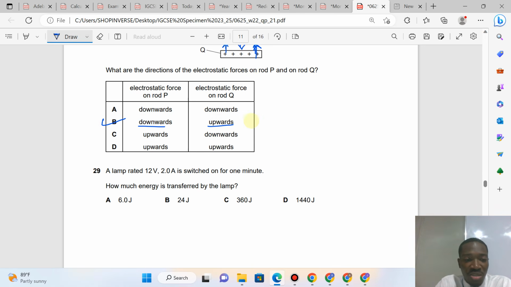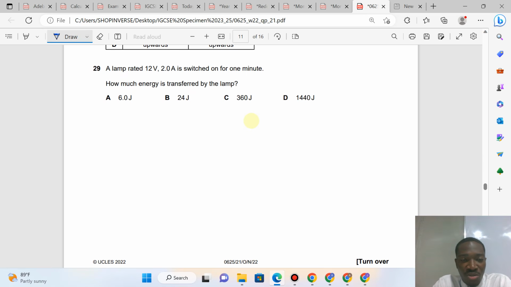Let's go to question 29. A lamp rated 12 volts, 2 amperes is switched on for 1 minute. How much energy is transferred by the lamp? Do not forget that electrical energy is given by the formula IVT, where I is the current, V is the voltage, and T is the time.